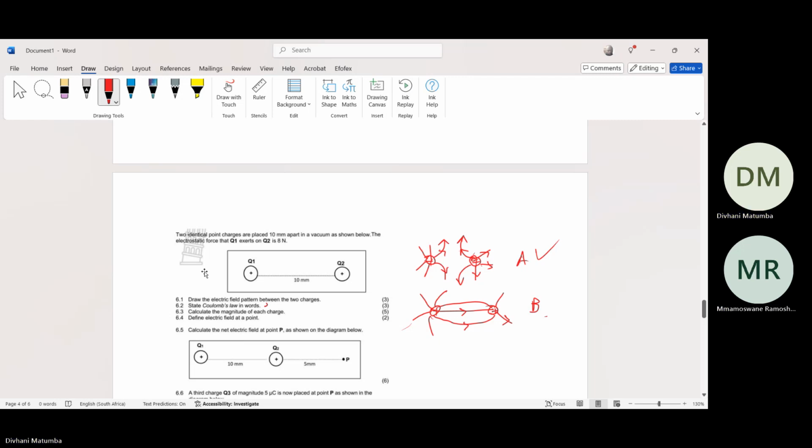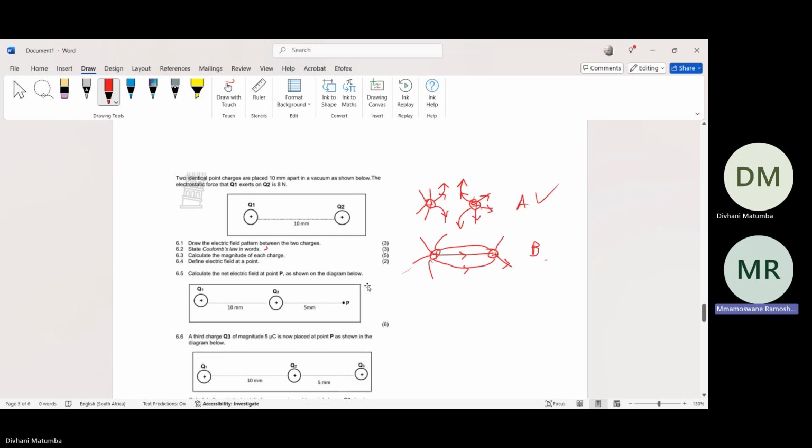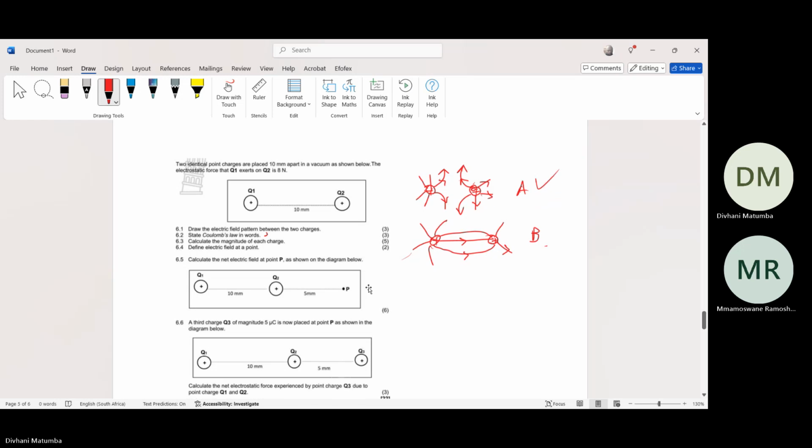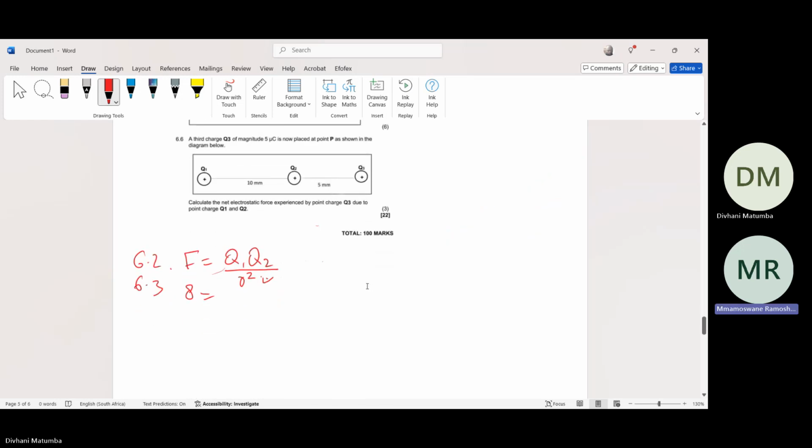Yes. Okay. So if Q1 equals Q, what will be the value of Q2?